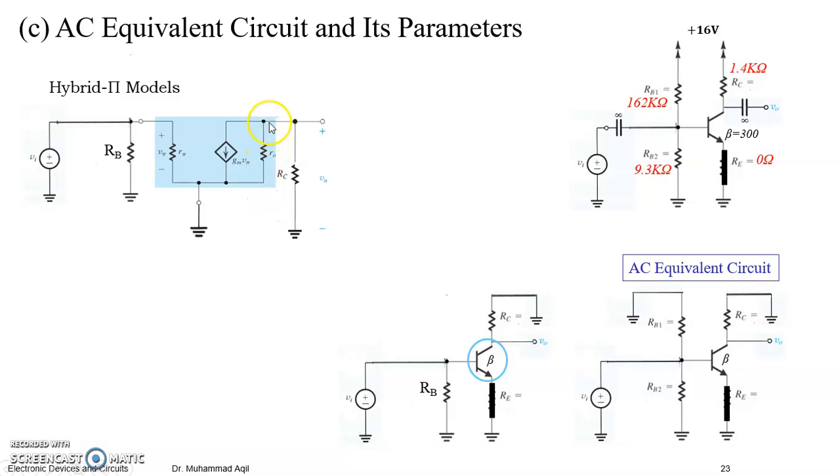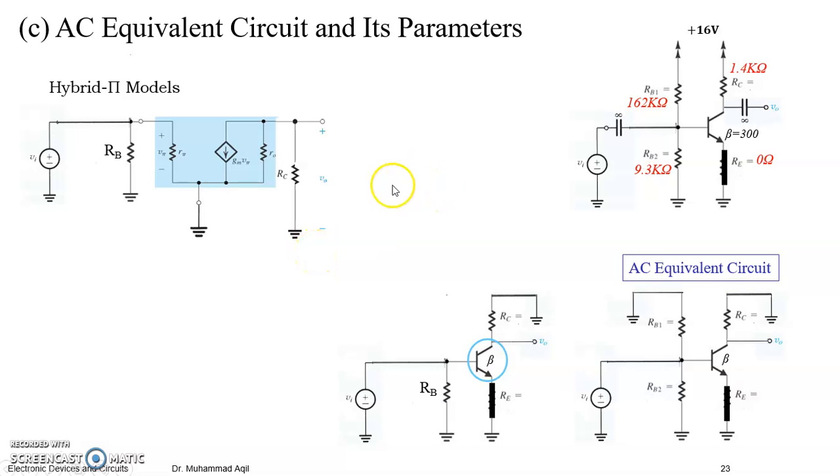So the output resistance of your transistor, which is inside the transistor, is parallel to your output discrete component RC, right? Look, one node is common and the other node, obviously through the emitter but grounded, seems to be common, right?